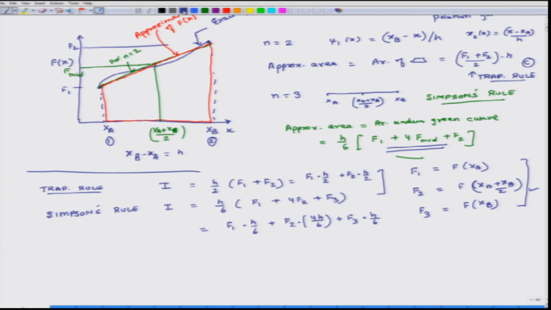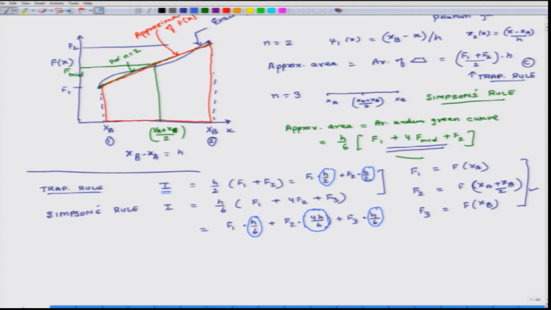So what we are seeing here is that the integral is nothing but a sum of the values of the function at specific nodes times a constant. This constant is h by 2 and h by 2 in the trapezoidal rule. And in Simpson's rule, this constant is h by 6 associated with f1, it is 4h by 6 associated with f2, and it is again h by 6 associated with f3.